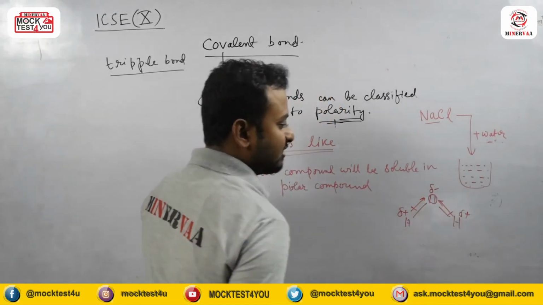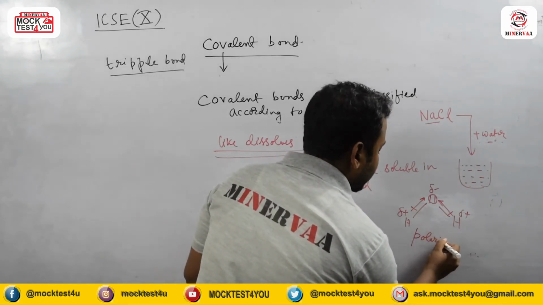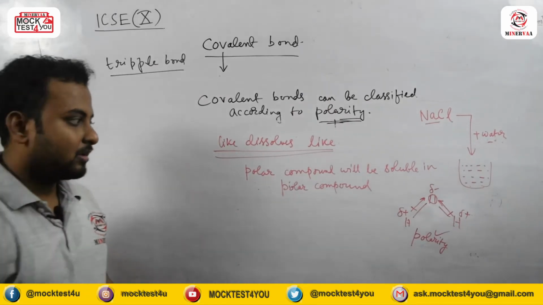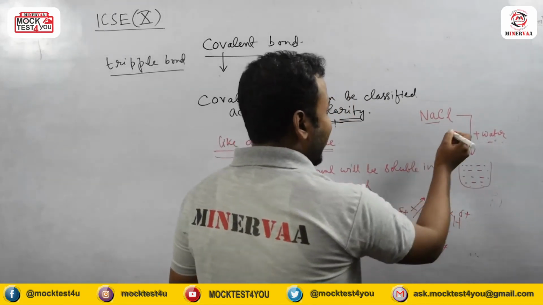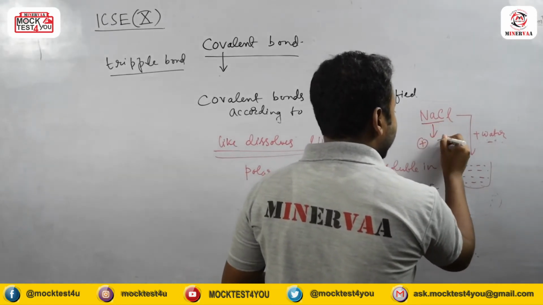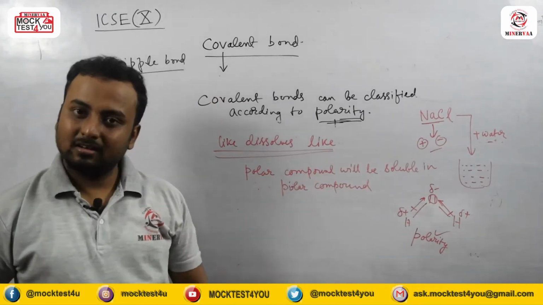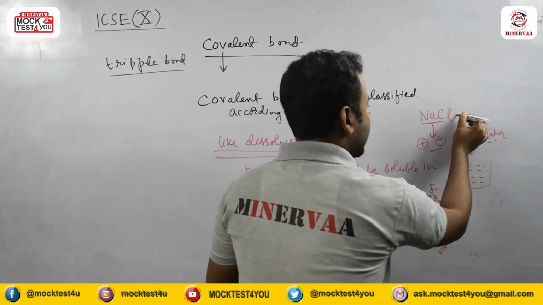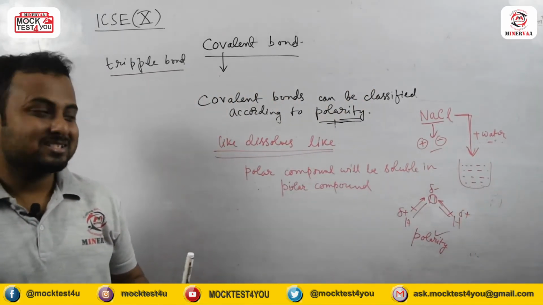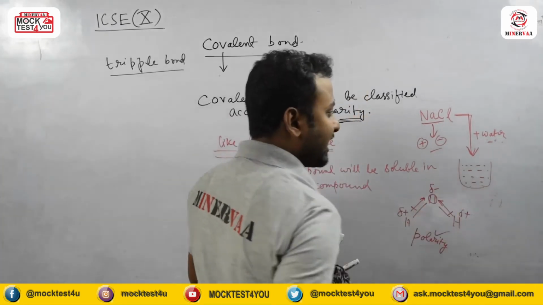So here there will be some polarity in the molecule. Okay. So because of the polarity, NaCl is already polar because of positive and negative charge. Okay. So like will dissolve like, right? So when NaCl is given to water, it gets completely dissolved. It gets completely mixed with water. Okay. Because like dissolves like.